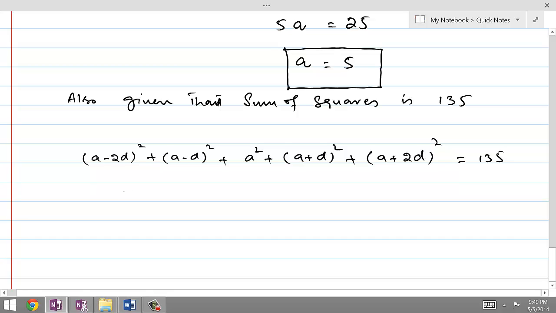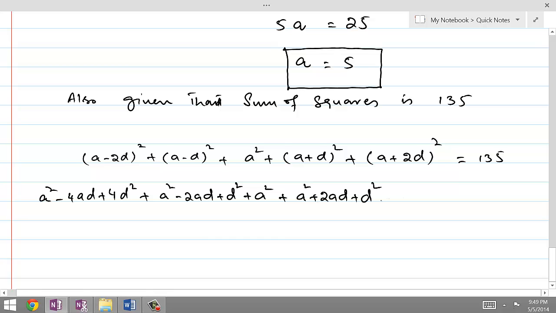If we expand these perfect squares, this will give us a square minus 4ad plus 4d square plus a square minus 2ad plus d square plus a square plus 2ad plus d square, and the last expansion would be a square plus 4ad plus 4d square equal to 135.